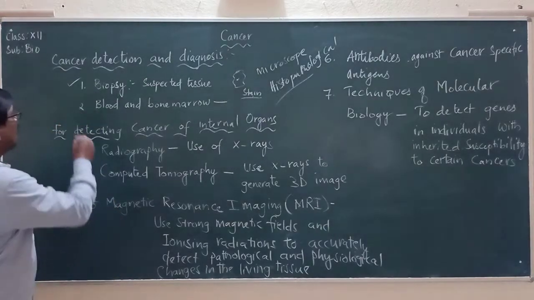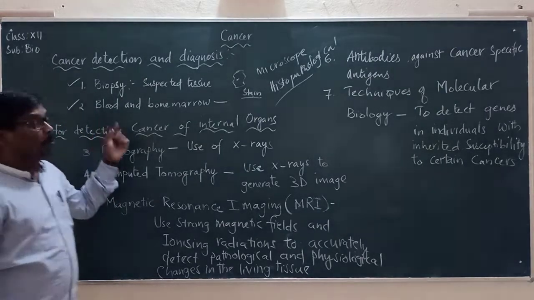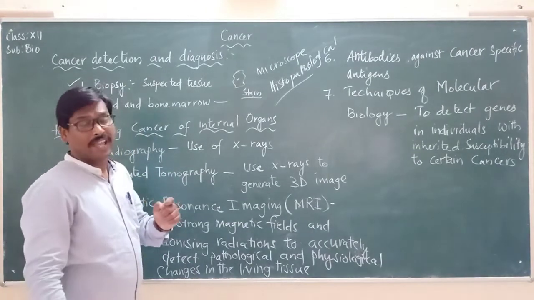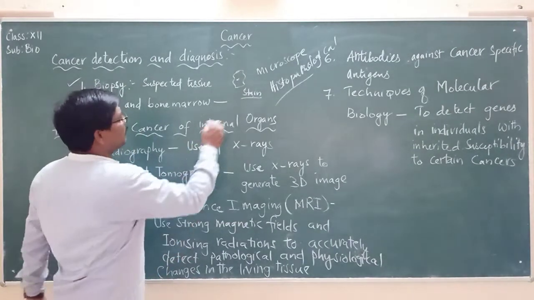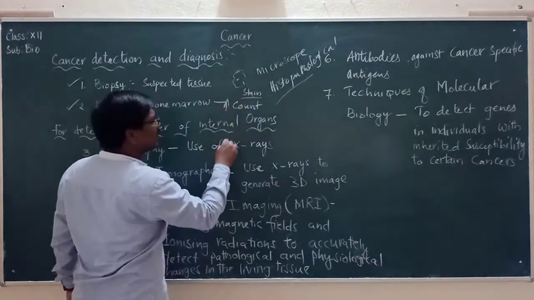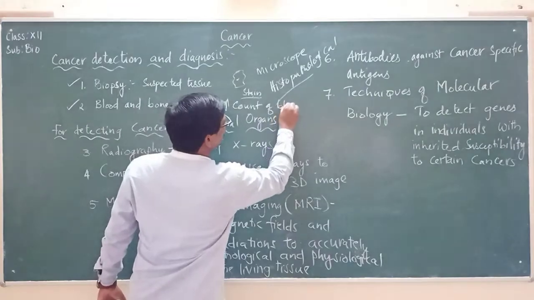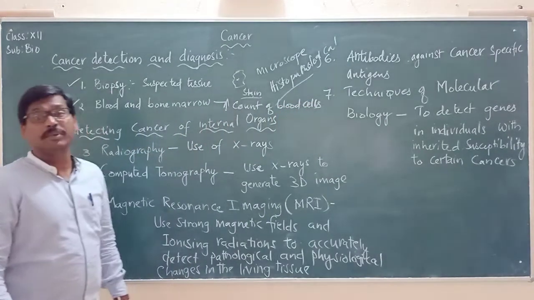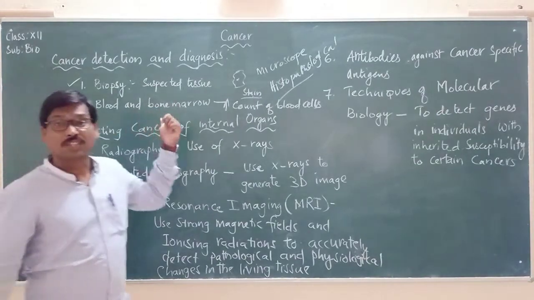And there is also another one which we call blood and bone marrow test. In some cancers there may be an increase in the count of blood cells. So in such cases they will check the blood and also the bone marrow.